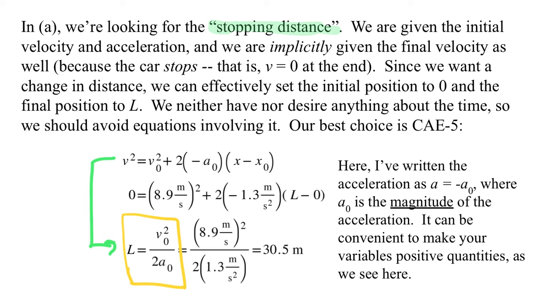You'll also notice that in writing my equations, I wrote the acceleration as minus a0, where a0 was 1.3 meters per second squared. We write a0 as the magnitude of the acceleration, and the minus sign is its direction explicitly. This isn't required, although I think algebraically it works out nicely. If you can force your symbols to be positive, then your brain will function better. We're not so good at negative arithmetic.